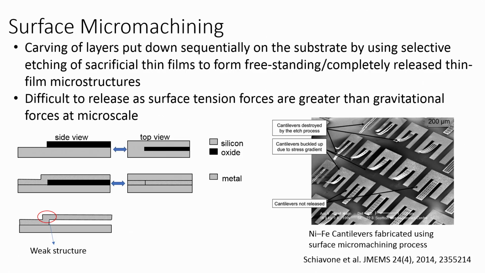The point is, using surface micromachining we can easily fabricate a structure, but we need to optimize the parameters, otherwise because the surface tension is greater than the gravitational force, it is very difficult to release the structure in a proper fashion.